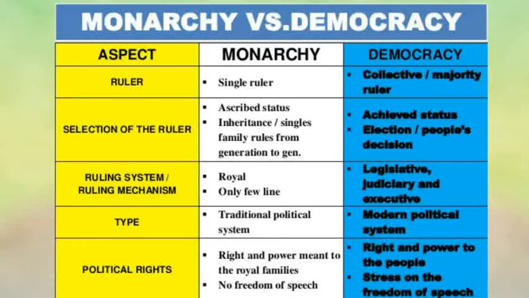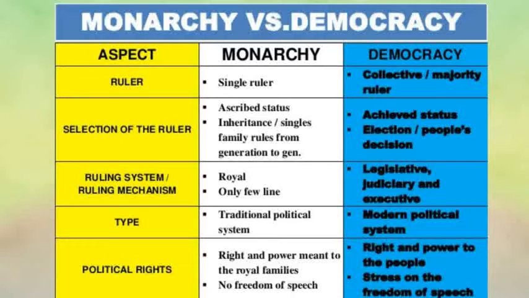If we will talk about the ruling system or mechanism, in monarchy government there is a royal ruling system, only in few lines. But in democracy, there is the legislative, judiciary and executive system.